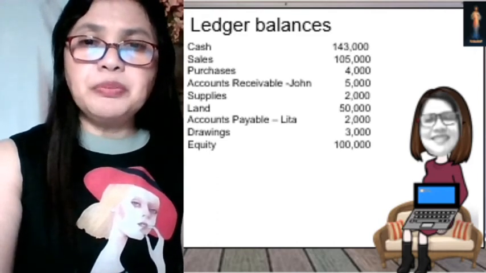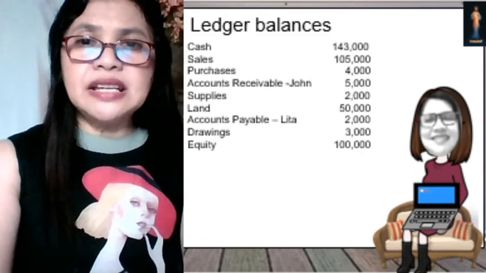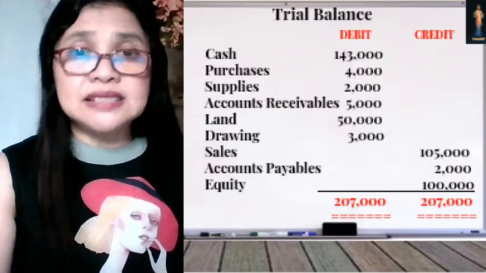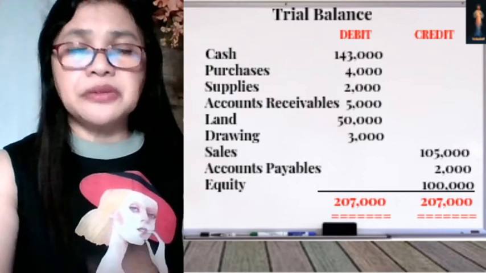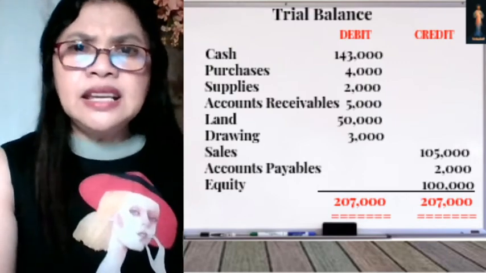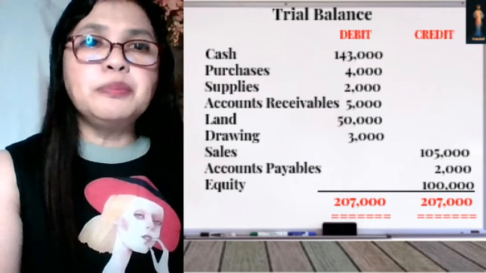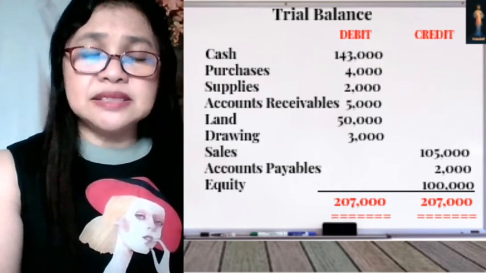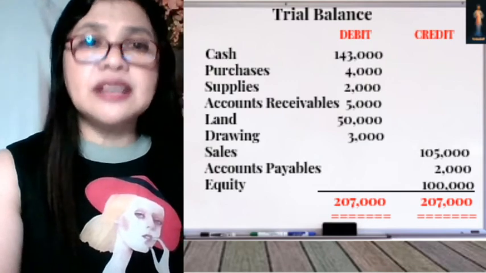Then we can now prepare the trial balance. The trial balance will test the correctness of the debits and the credits. In the trial balance, you have to put the different accounts on the right balances, whether debit side or credit side.